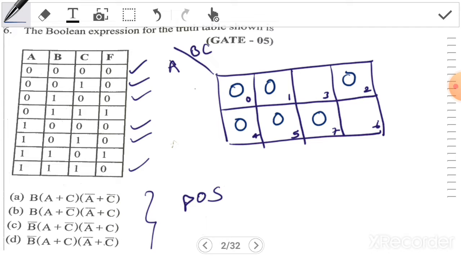This is 0, 1, now let us form the groups.